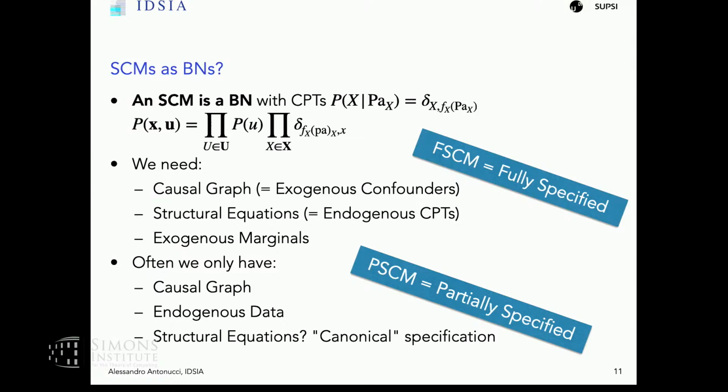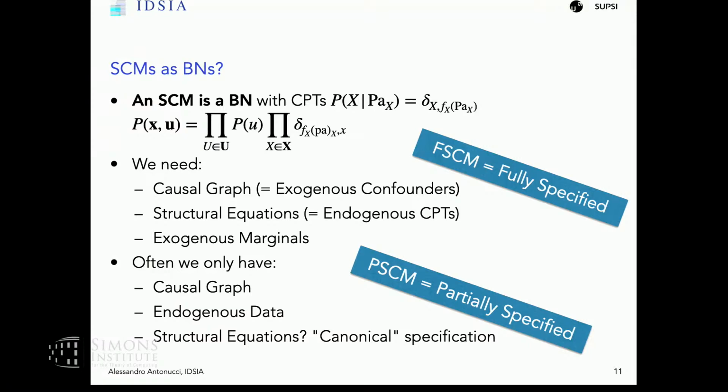But in practice, a critical point is the structural equations, but let's for the moment assume that we have the structural equations. The second point is that these are the marginals over the root nodes, which are exogenous, which are latent, and generally speaking, we don't have this distribution. So the problem, again, is to invert the mapping.